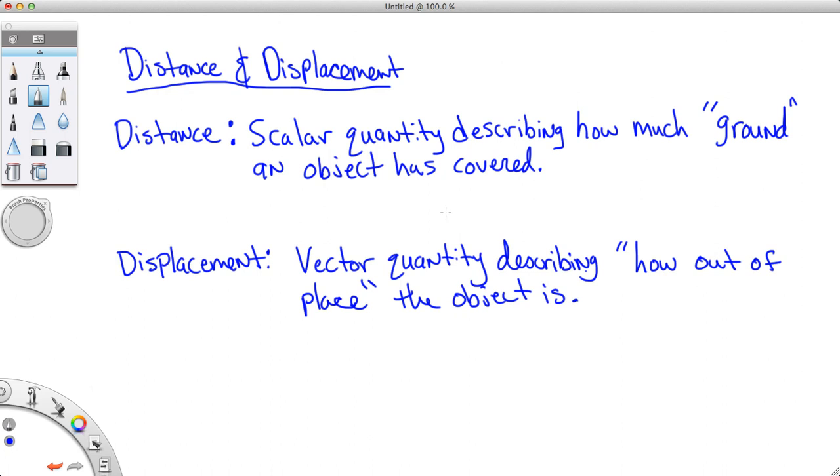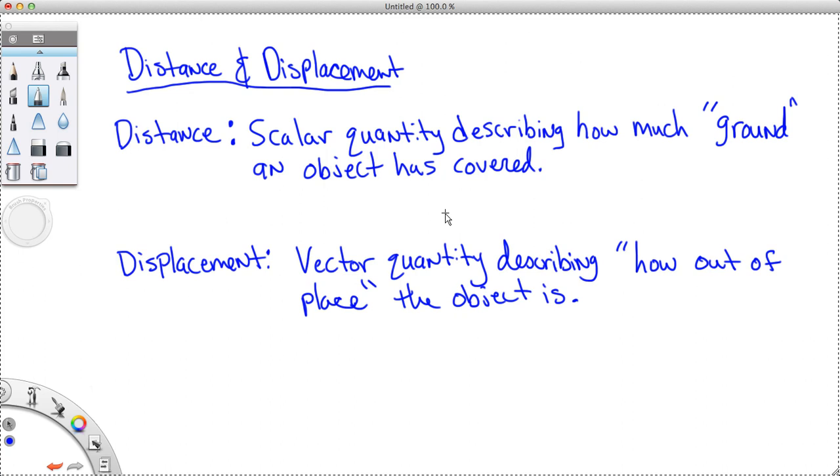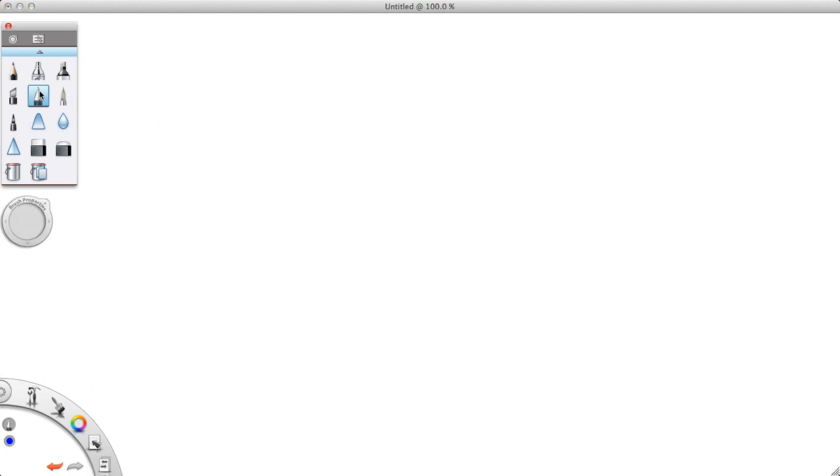Okay, so let's spend some time and draw a diagram here. I want you to consider the following box. Just give me a moment here to draw this box. Let's pretend that somebody's actually walking around in this box.